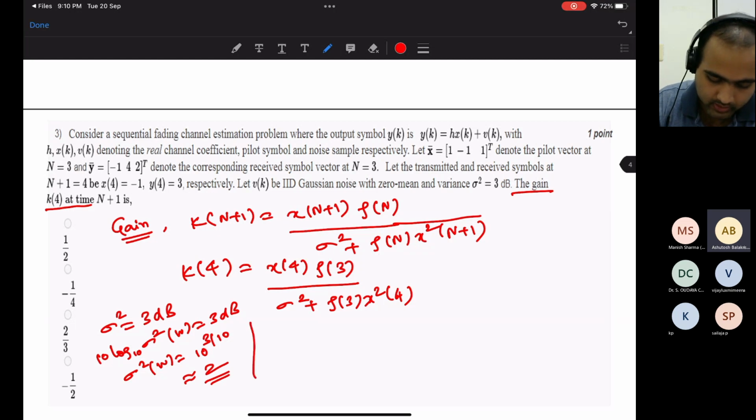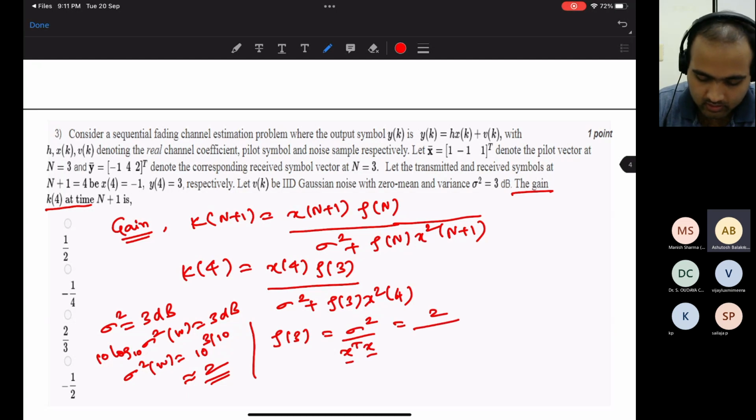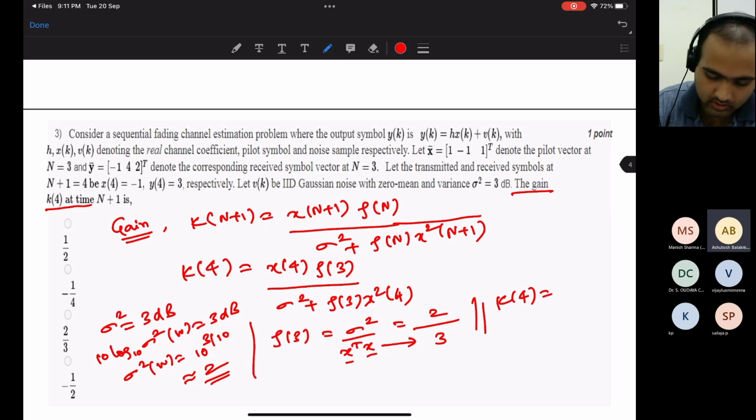The next thing we need is rho of 3. This is sigma square divided by x transpose x, so this will be 2 divided by x transpose x, which is 3. We did x transpose x in question 1, you can refer to that. So now we have rho at 3, and we have all we need to compute K4.